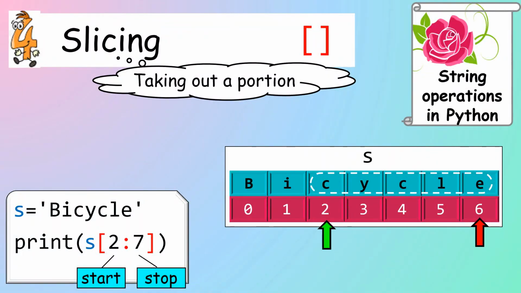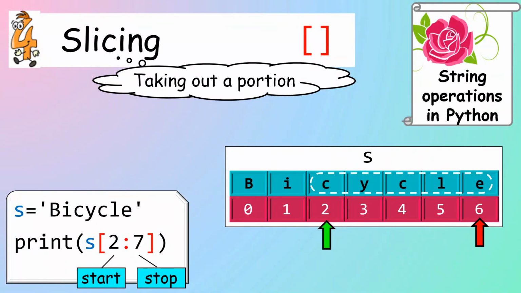So if you want to stop at 6, then you have to give the actual value as 7. Then only Python will stop at stop minus 1, that is, it will stop at 6. So that is why here I am giving the stop value as 7. You have to remember this. It's a very important aspect in Python.